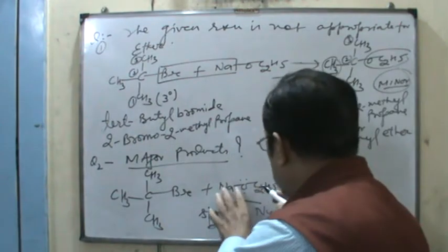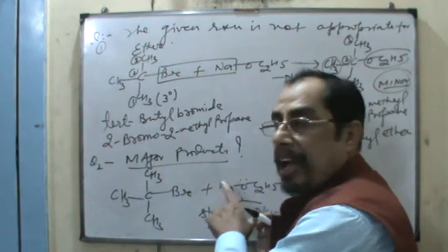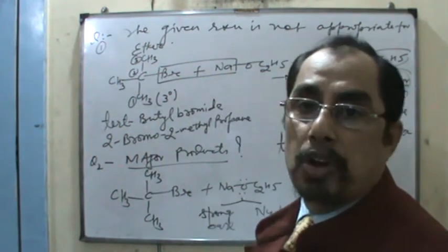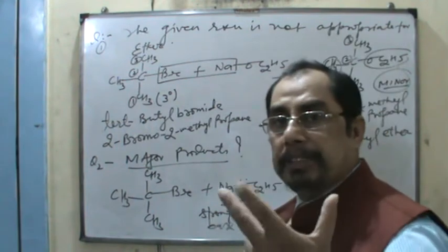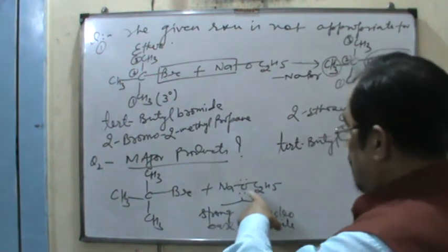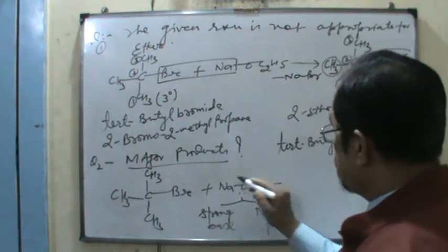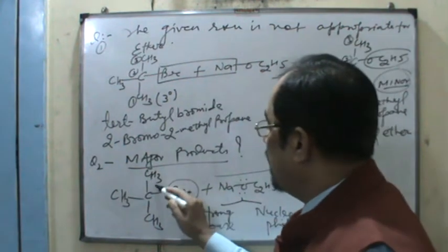But sodium ethoxide, due to the alkali metal, acts as a strong base, and since there is a lone pair of electrons, it acts as a Lewis base. So both purposes are carried out by the sodium alkoxide, the strong base and the nucleophile, so it will follow alpha beta elimination.